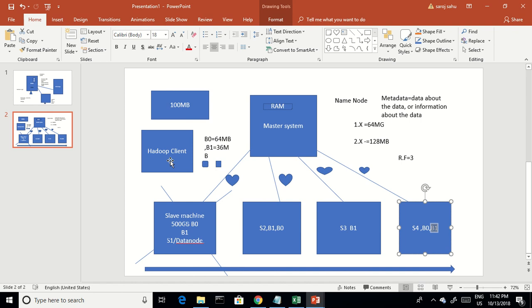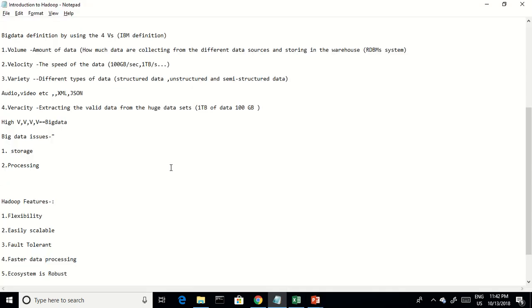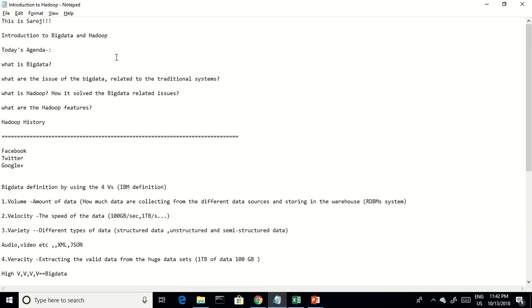So this is only the introduction session of big data as well as Hadoop. As per our agenda, we have discussed what big data is and the storage as well as processing issues. What is Hadoop?